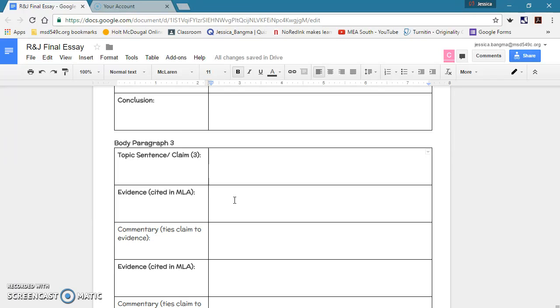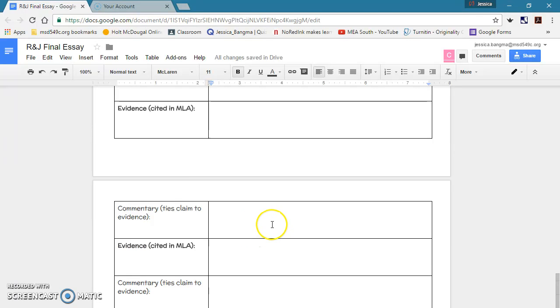So since it's my last one, I could put something like lastly or the final reason, but I like finally. Love is destructive because relationships rarely end well.